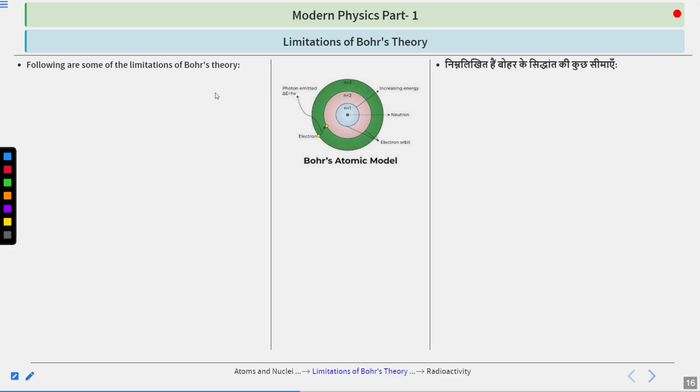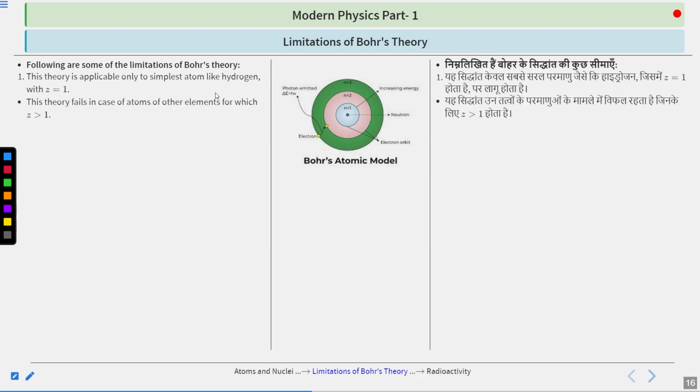Now, what are the limitations of Bohr theory? How did the Bohr theory get rejected on certain grounds? Following are some of the limitations. First, this theory is applicable only to the simplest atom like hydrogen with Z equals 1. It fails in the case of atoms of other elements for which Z is greater than 1.